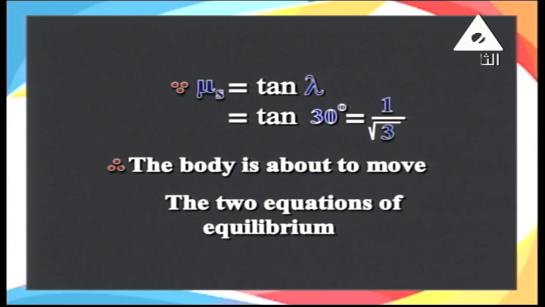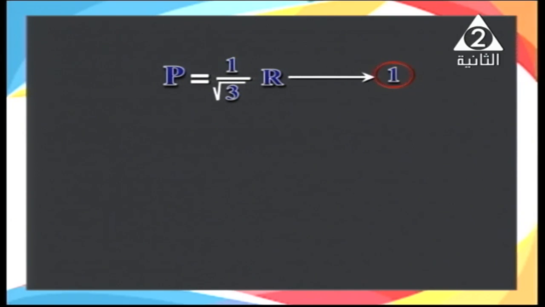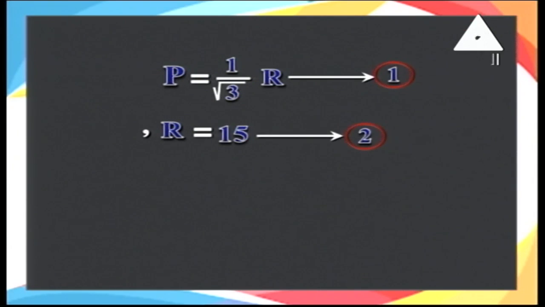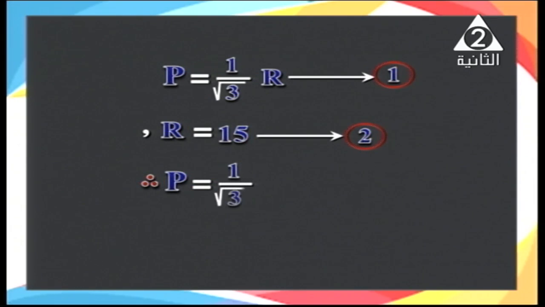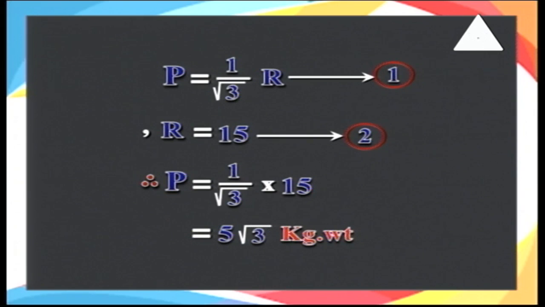The two equations of equilibrium: number 1, B equals 1 over root 3 R. Number 2, R equals 15. By substitution from 2 into 1, B equals 1 over root 3 times 15. The answer is 5 root 3 kilogram weight. Then B equals 5 root 3 kilogram weight.